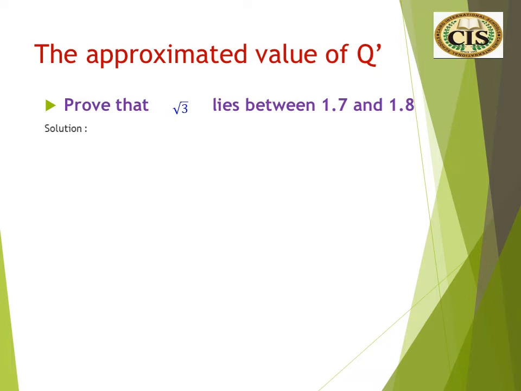Without calculator, we find the power of the square root of 3, which equals 3. 1.7 to the power 2 equals 2.89. 1.8 to the power 2 equals 3.24. So we find root 3 lies between them.